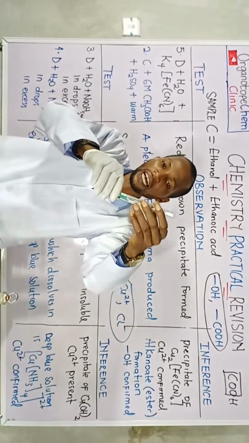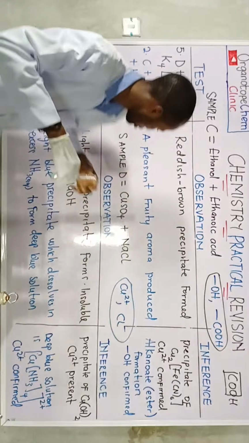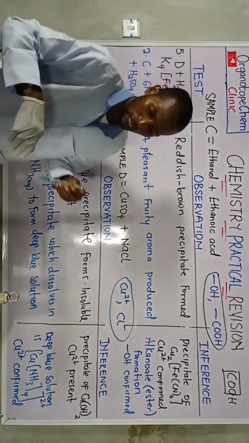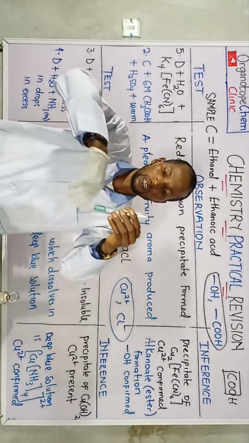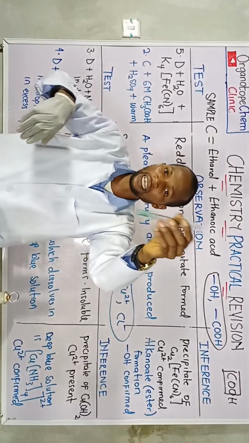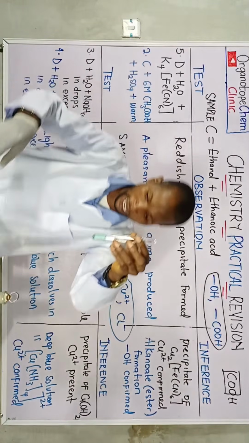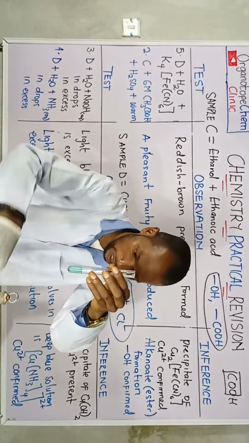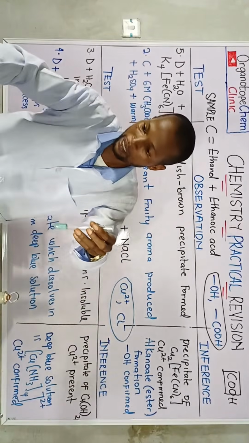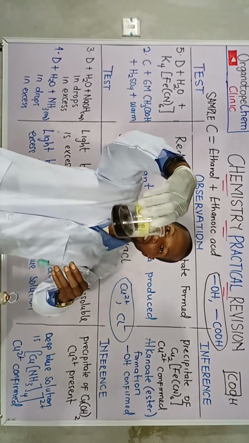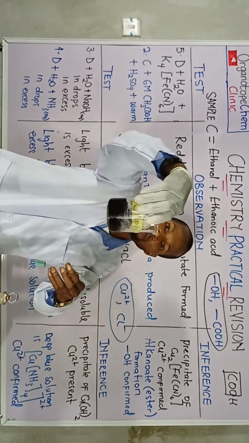Then after acidifying the solution of sample D, the next thing is to add the silver nitrate. Where is our silver nitrate? Yes. The silver nitrate is always a dark or black solution.